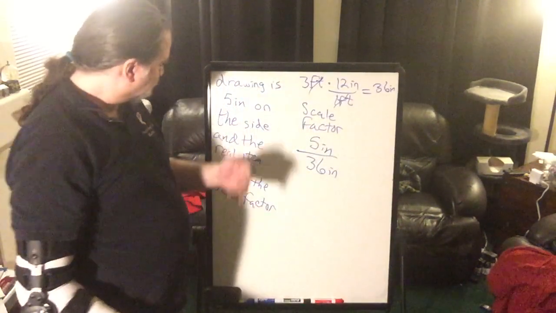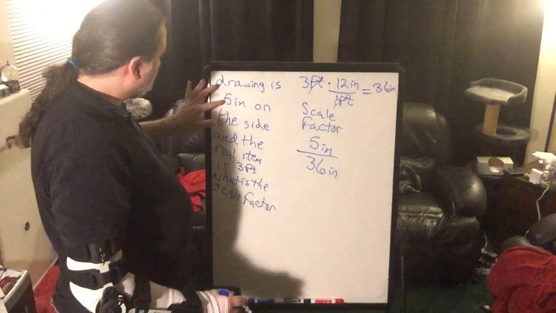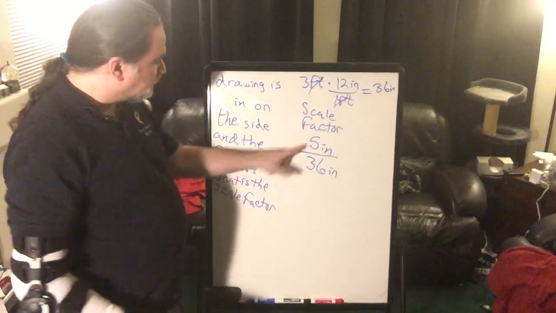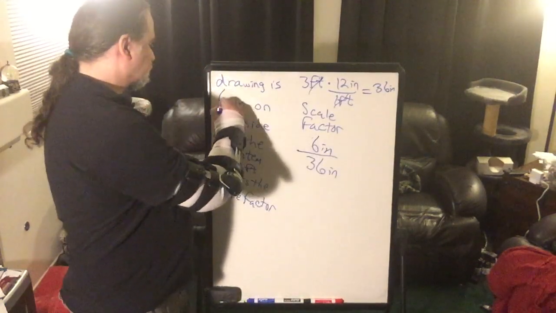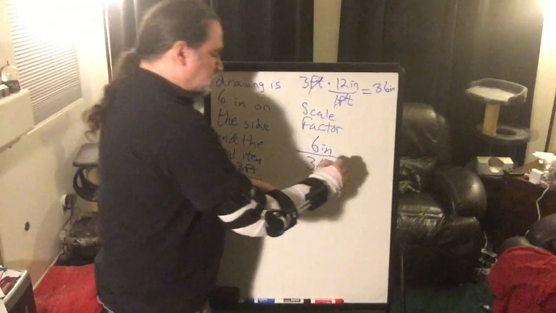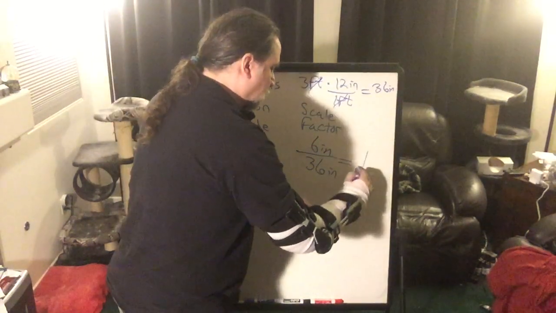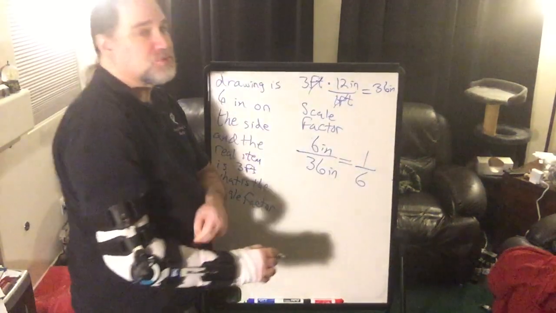And honestly, I'm going to change this right now, right here in front of you on the video. We're going to make that 6 inches because I want to reduce. So that's 6 inches, so that now I can reduce this to 1 to 6. And there's my scale factor.